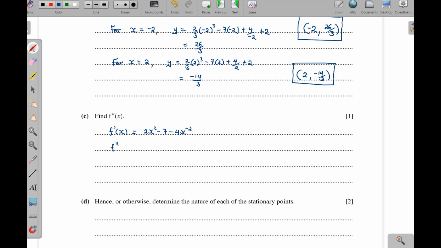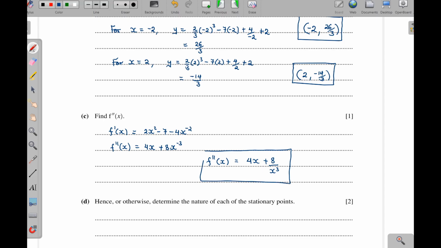So that means the second derivative here is going to be, drop the power and then reduce it by 1. So this will be 4x. Then of course when you differentiate a constant, it goes. Then when this one drops, -4 times -2, you'll get a +8, and then x to the power of -3. Or I can write it like this: 4x, then plus 8 out of x power 3.